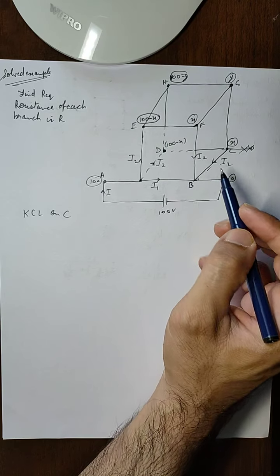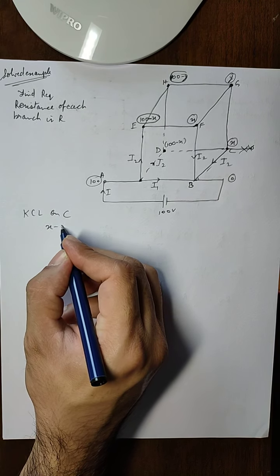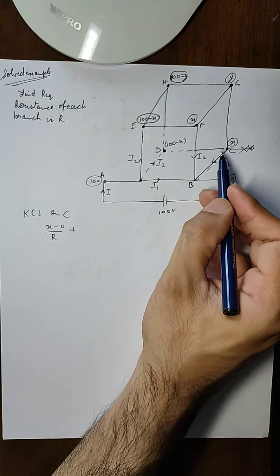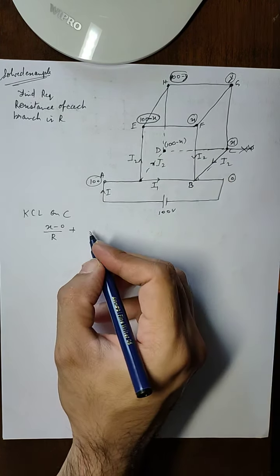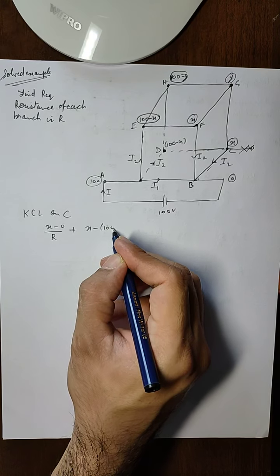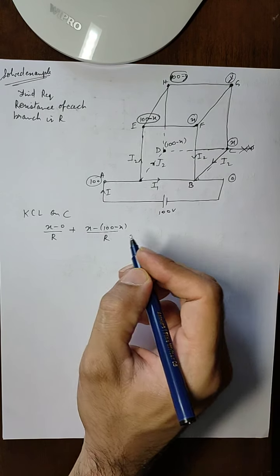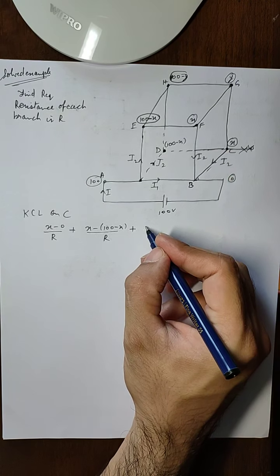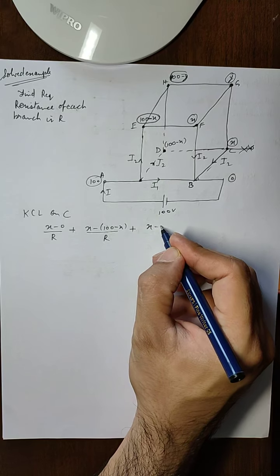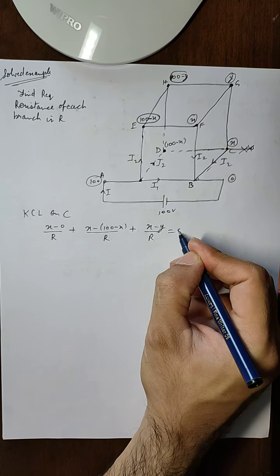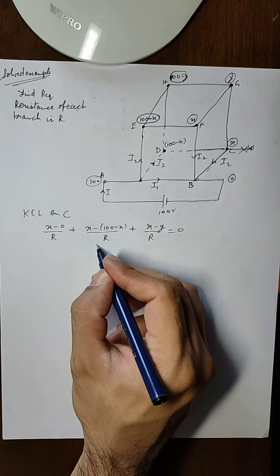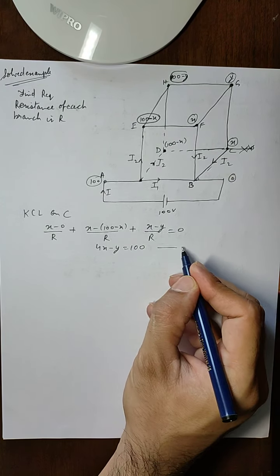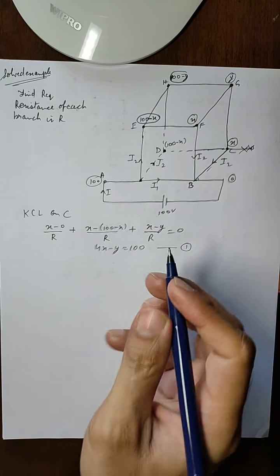So for this branch, the value will be equal to X minus 0 upon R, plus for this branch it will be equal to X minus of 100 minus X upon R, and for this branch it will be equal to X minus Y upon R, and this should be equal to 0. So if we solve this, we'll get an equation 4x minus y equal to 100. Let us say that this is our first equation.